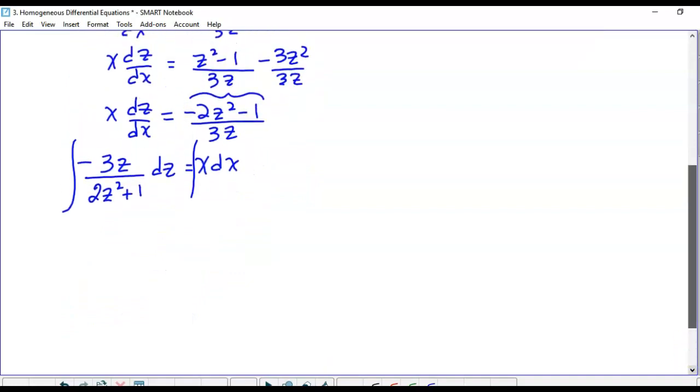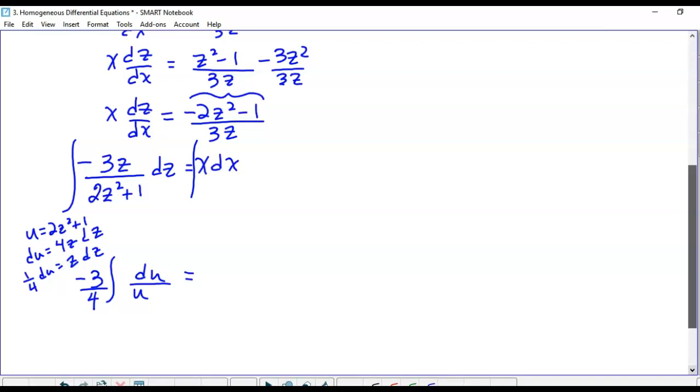Okay, so you can use substitution. If you let u equals 2z squared plus 1, du equals 4z dz, so 1/4 du equals z dz. You can factor out the negative 3, over 4, and that's du over u.